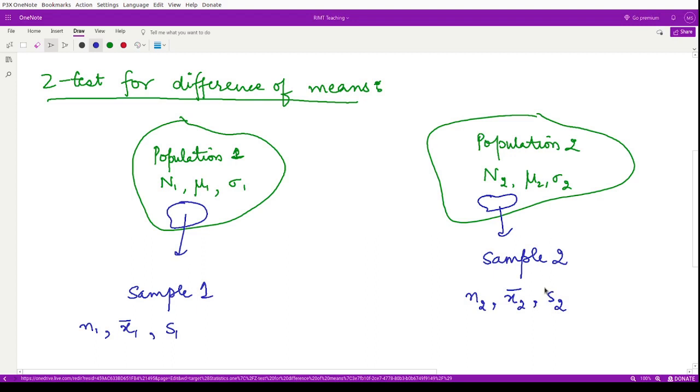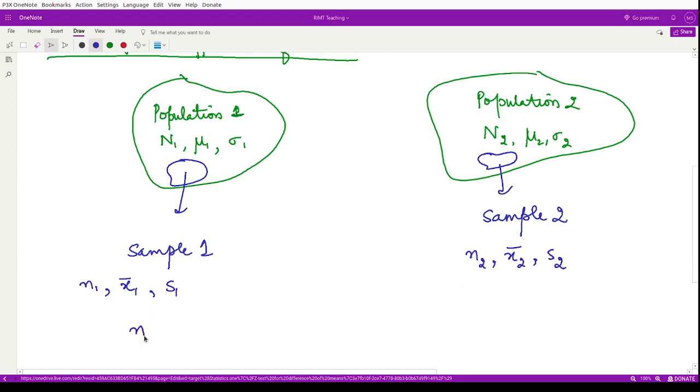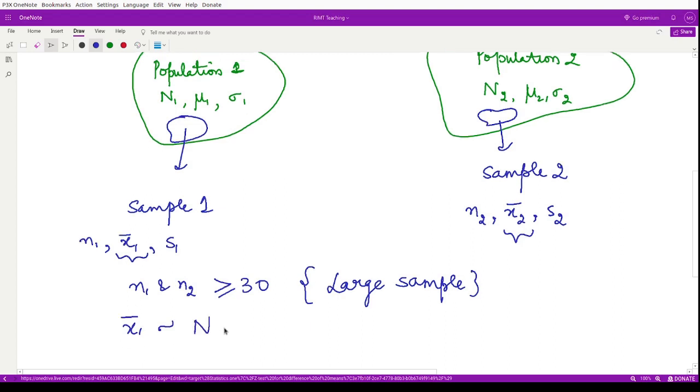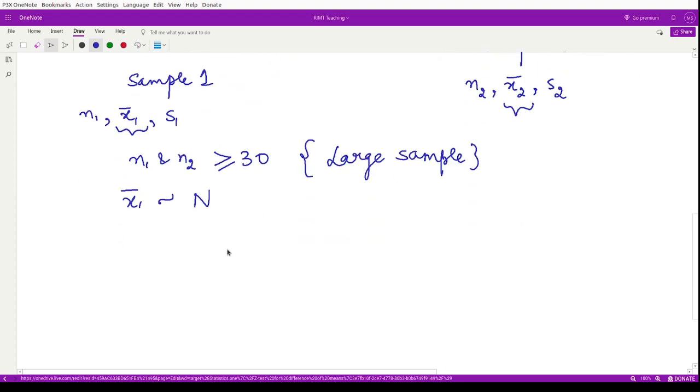Corresponding to this notation, the sample sizes n1 and n2 are both greater than or equal to 30. That means we have large samples with us. This is the condition that we are imposing. If this is the case, then the random variables x1 bar and x2 bar would follow the normal distribution, because this is the large sample test.